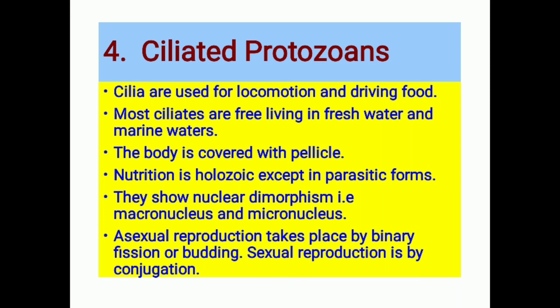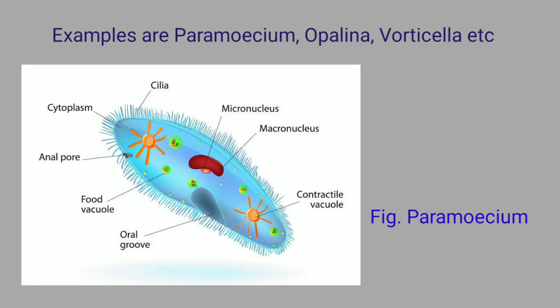Asexual reproduction takes place by binary fission or budding, and sexual reproduction is also reported in some types such as Paramecium, where they undergo genetic recombination by the process of conjugation, as was also seen in the case of bacteria. Examples of ciliated protozoans are Paramecium, Opalina, Vorticella, etc.